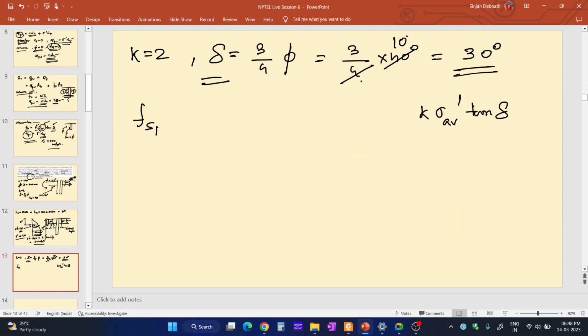So FS1, the unit skin friction resistance for the top part. K is equal to 2, and tan delta means tan of 30 degrees, into the average effective overburden pressure.